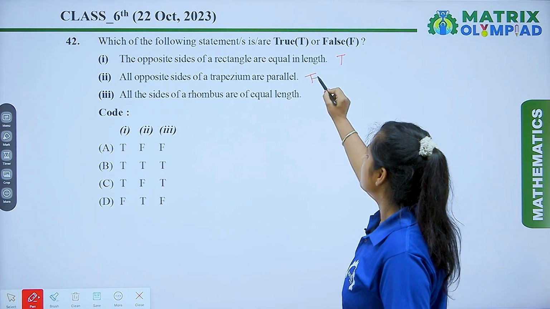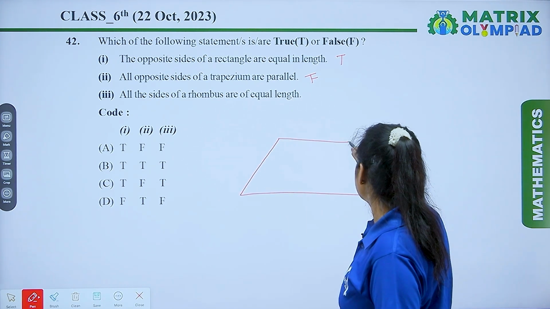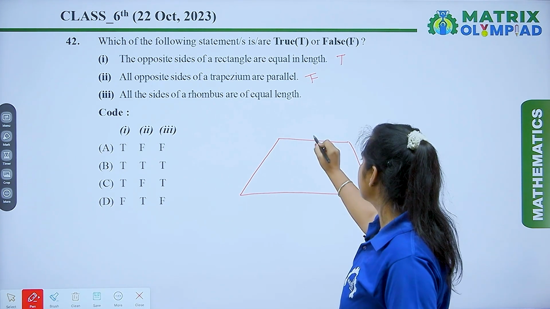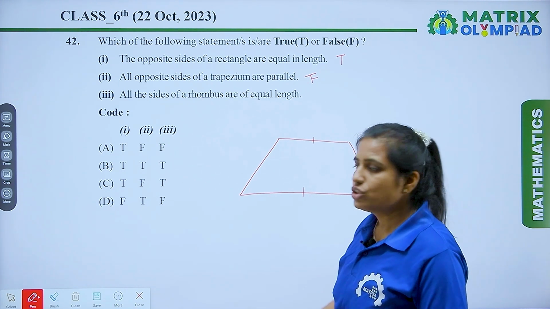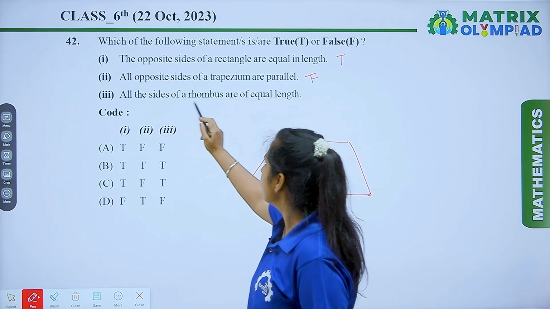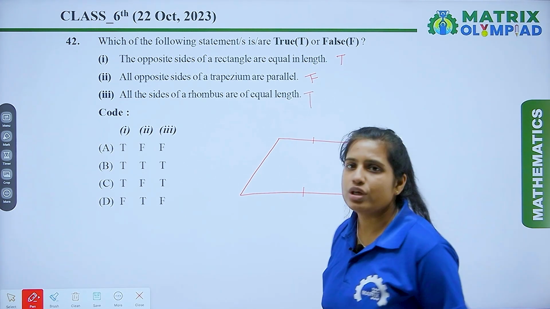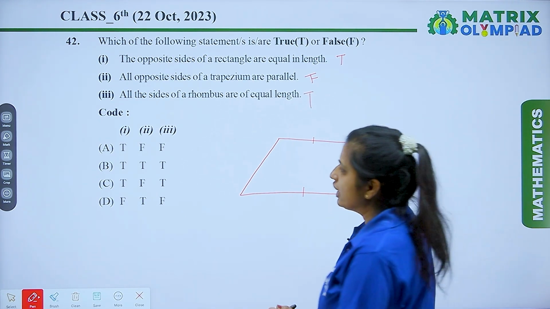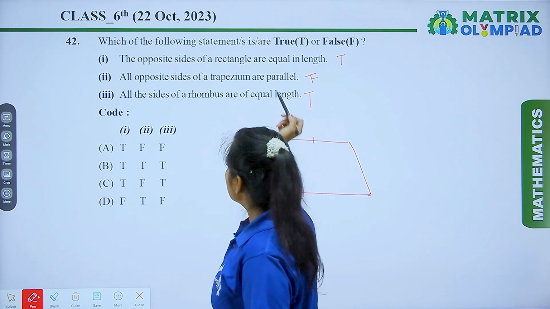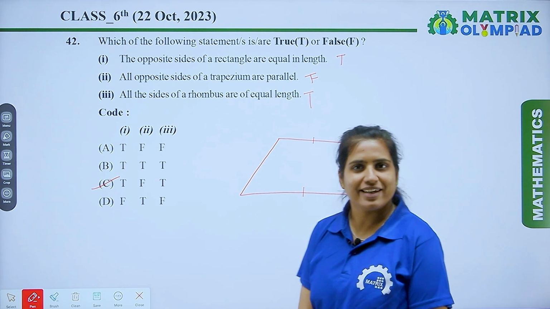No, this statement is false because in a trapezium only one pair of opposite sides are parallel. So the second statement is false. The third statement is all the sides of a rhombus are of equal length. Yes, this statement is true because in a rhombus all sides are equal. So here true, false, true. So according to the options, we can say that option C is the correct answer.